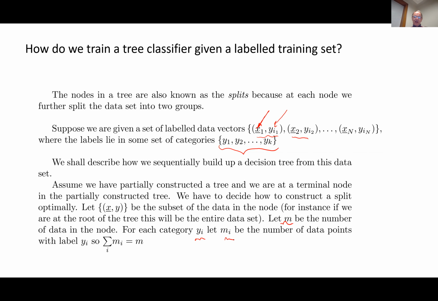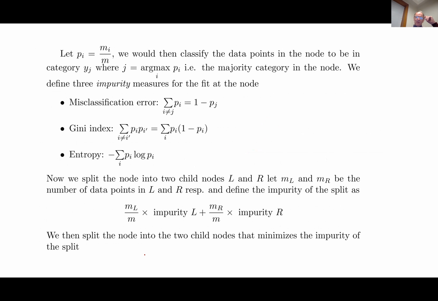When we sum up all these Mi, of course, we get the total number of data points. So we're going to introduce what's called an impurity measure for this node we're at.